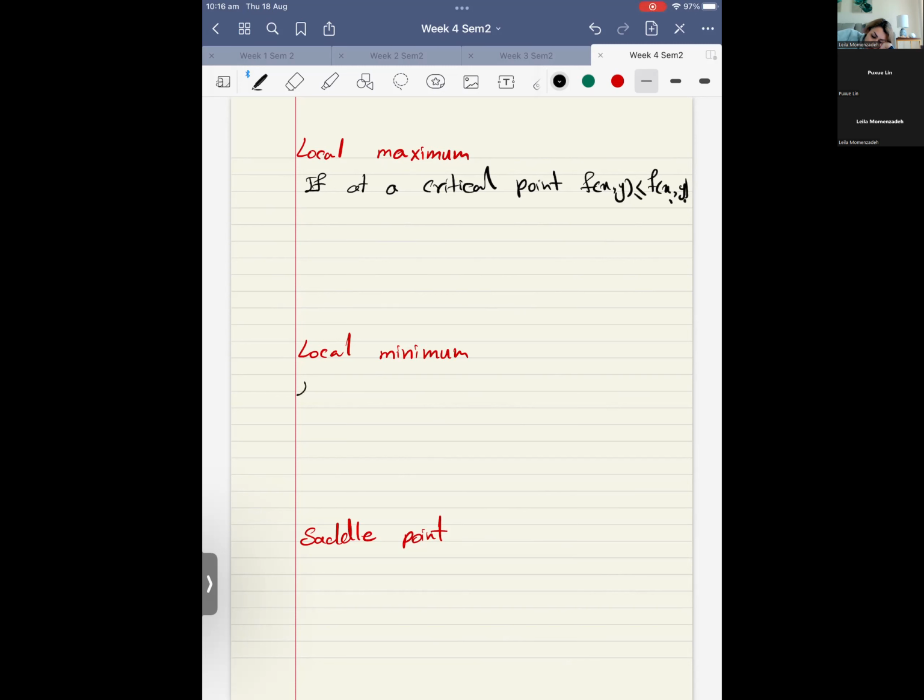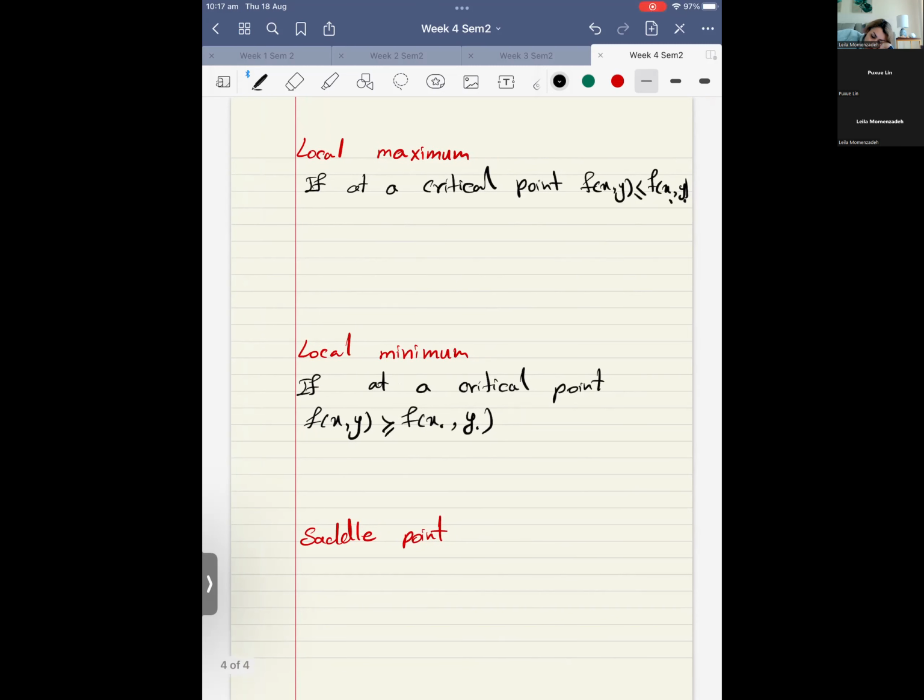And if at a critical point, f(x, y) is more than or equal to f(x naught, y naught), then you have a local minimum.